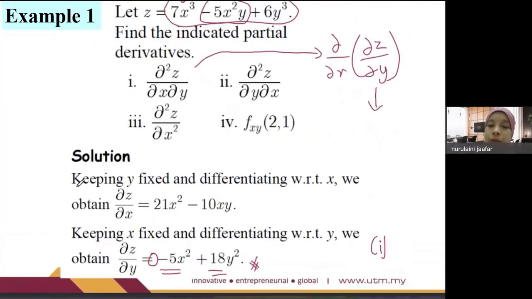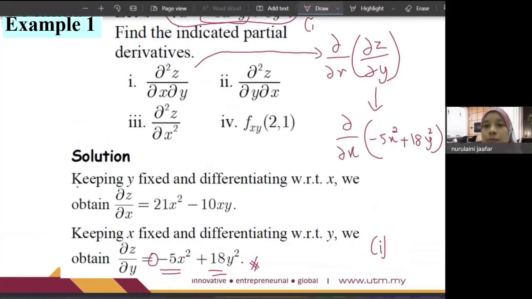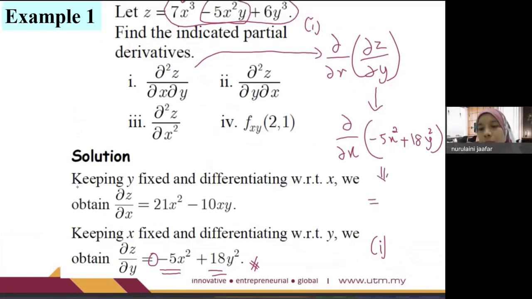Then remember, you have to differentiate again with respect to x. Differentiating negative 5x squared with respect to x gives negative 10x, plus 18y squared differentiates to 0. So the answer is negative 10x.